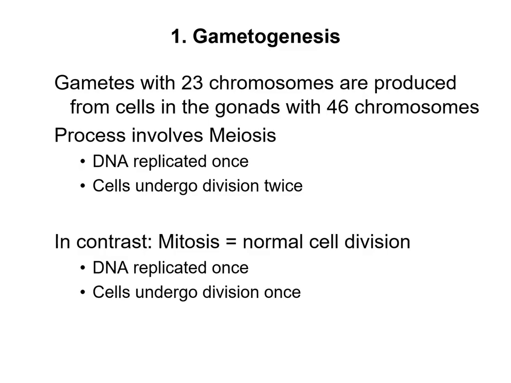The first one is this idea that both males and females produce gametes. Gametes have 23 chromosomes that are produced from the cells of the gonads. So during reproduction, what we have is gametes from each parent fused together to produce a new cell.